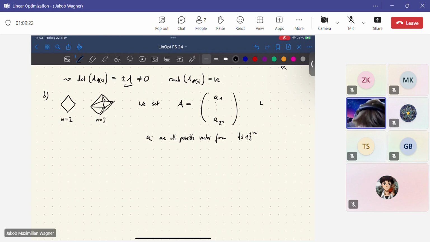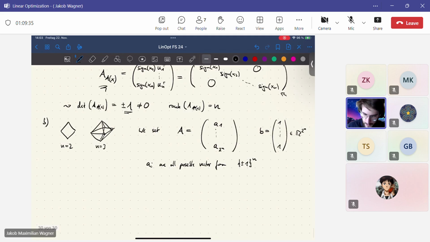And we set b again equal to the constant 1 vector, but now in R to the power 2^n. And our goal is to show that with this choice, we can actually have this.